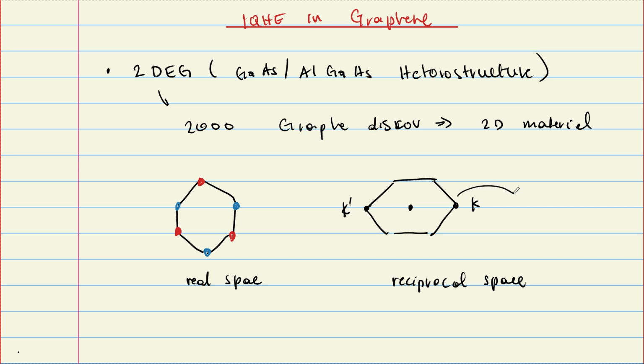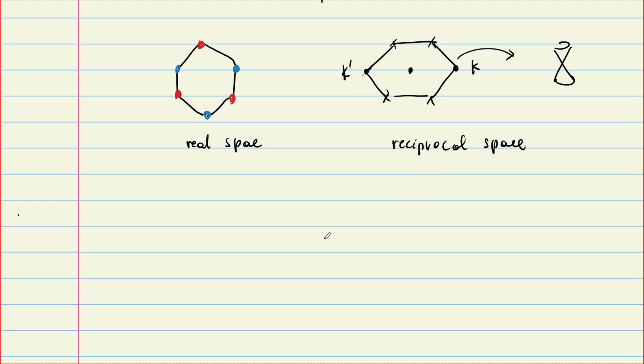And if you remember what we did some time ago, there are Dirac cones here and there, 6 Dirac cones, here, here, here, here, here, and here. And the low energy physics was H equal to some v Fermi, plus or minus for K and K prime valley, px sigma x plus py sigma y.